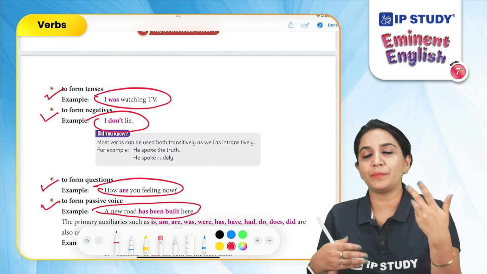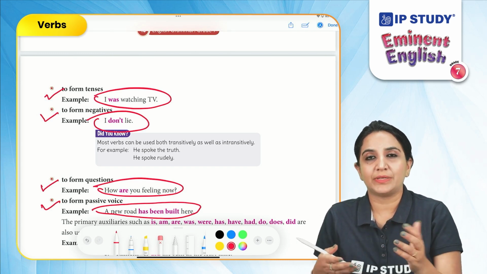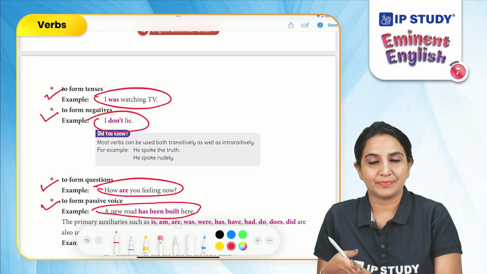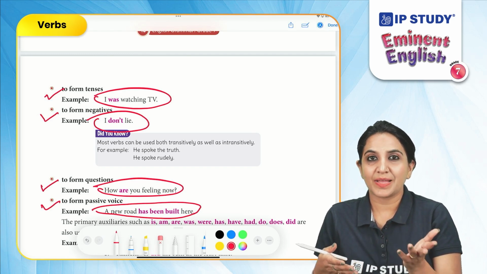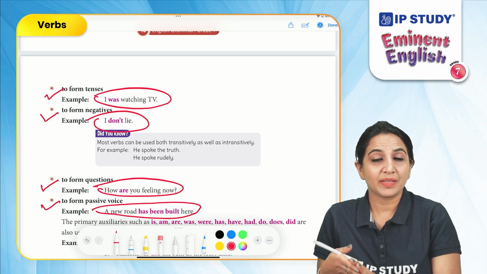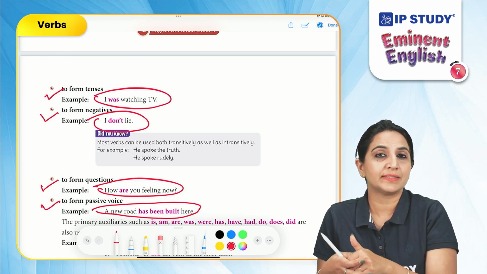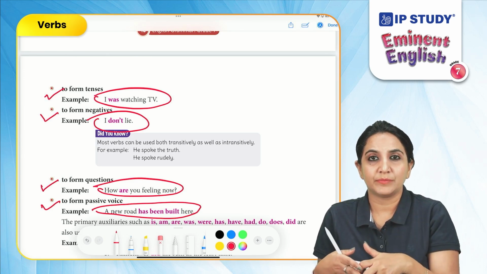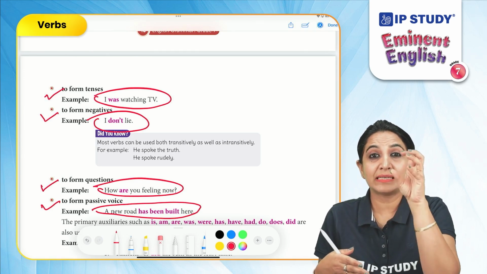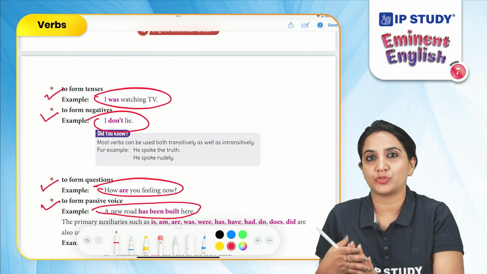Similarly, to form negatives, I don't lie, I don't know, I don't swim. Here, in all of these sentences, the main verbs are lie, swim, know. That means these are the main action verbs.